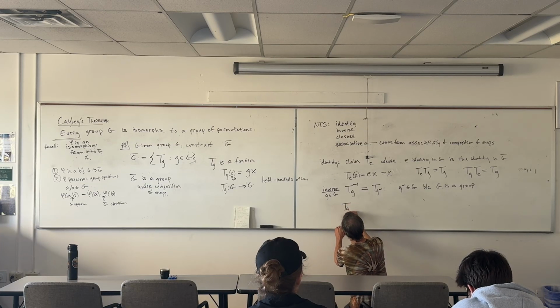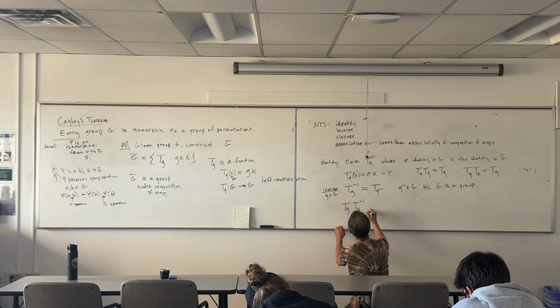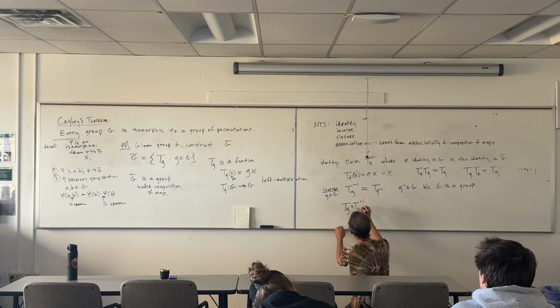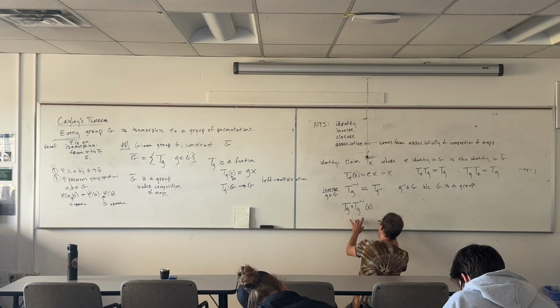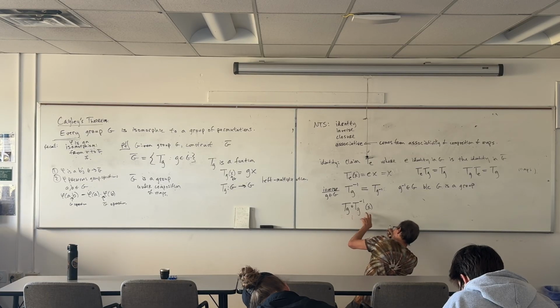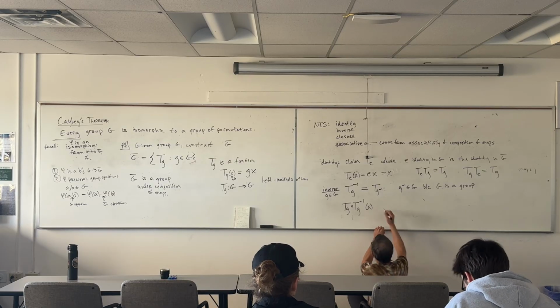So if I take T G times T G inverse, and this is composition, and I do that to some element X, it's easier to think about these with the X, so we'll just put it there. So what is this?